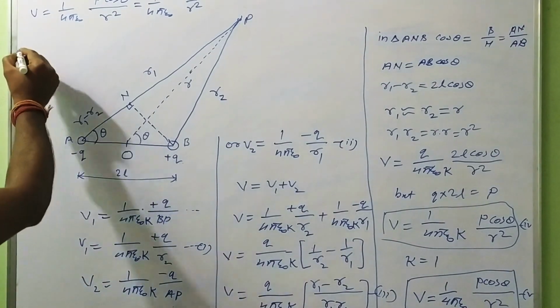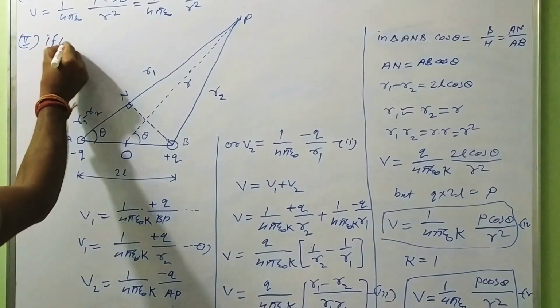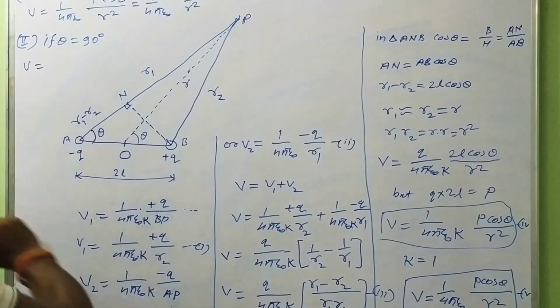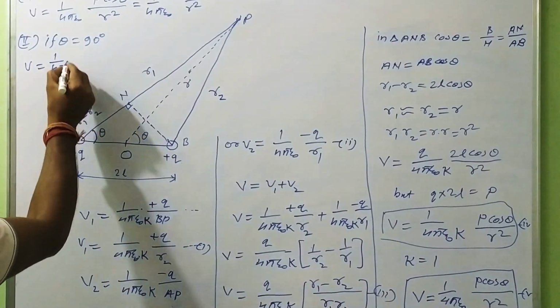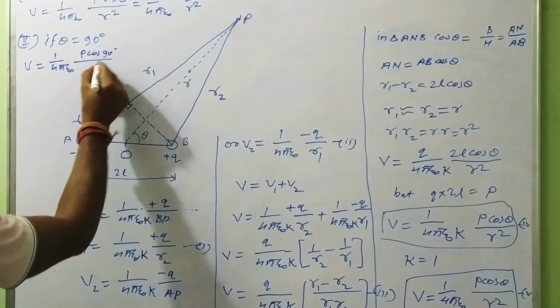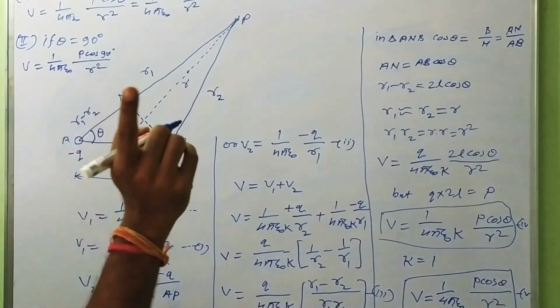Now the second case. If theta equals 90 degree, then from this equation V will be 1 upon 4 pi epsilon naught, P cos 90 degree upon R square. Cos 90 degree means 0.